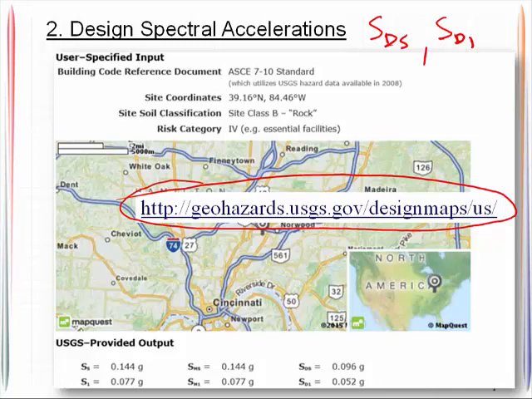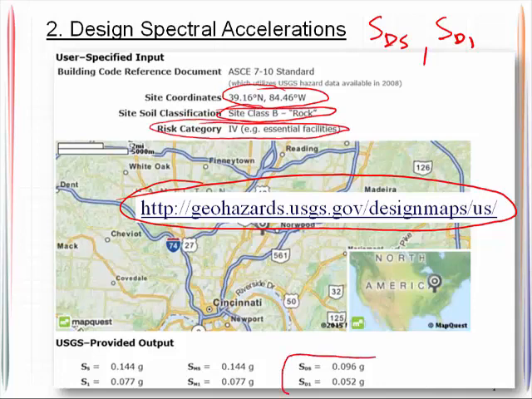We can plug in our site coordinates and then also identify the soil type that we are dealing with. What I want you to do is notice that this tool will then provide for us what those design accelerations are. So 0.096 g and 0.052 g for those two design accelerations respectively.